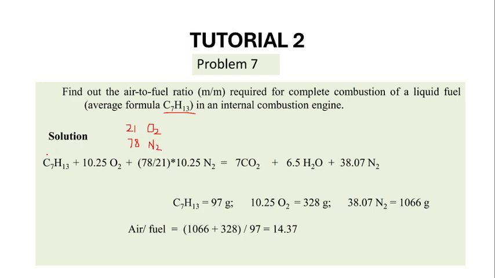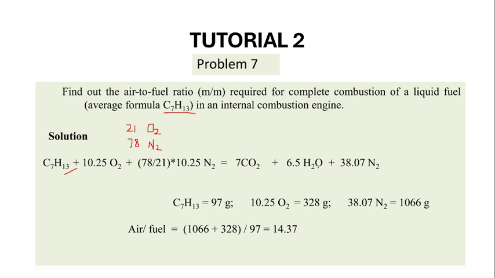So first you need to balance this. For 7 carbons, you will be getting 7 carbon dioxide. So you need to balance this, so you will have 14 oxygen here. And then you will have the water. Here you have H13, right? And all the H will be converted into water. If you have H13, how many H2O will there be? 6.5 H2O.